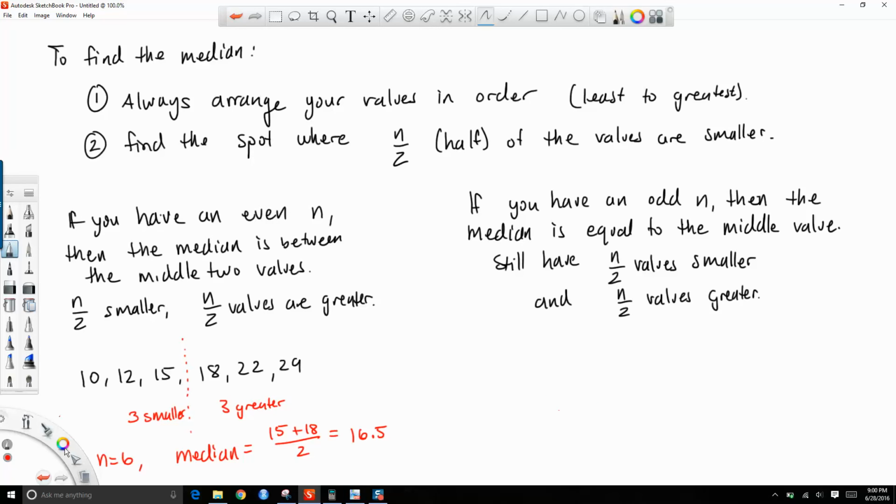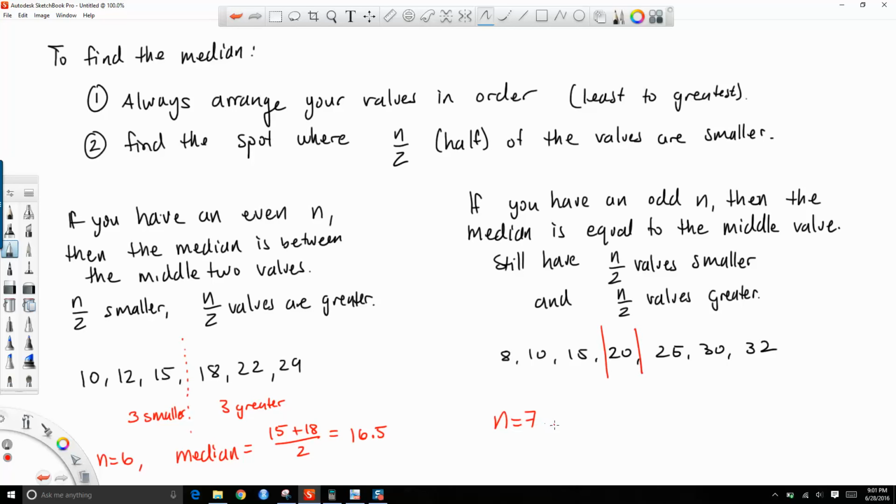Okay, let's say I have 7 values: 8, 10, 15, 20, 25, 30, 32. Well, in this case, with 7 values, n is equal to 7.